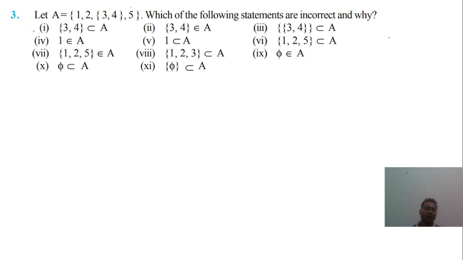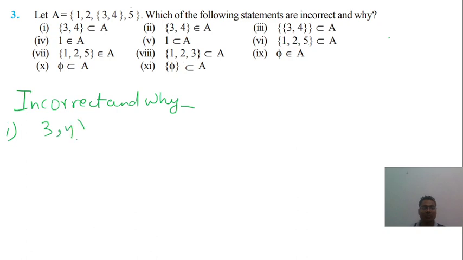I will look into this question. The first one is incorrect, as we already said. Why are they incorrect? The first statement says {3, 4} belongs to set A, which is an incorrect statement.